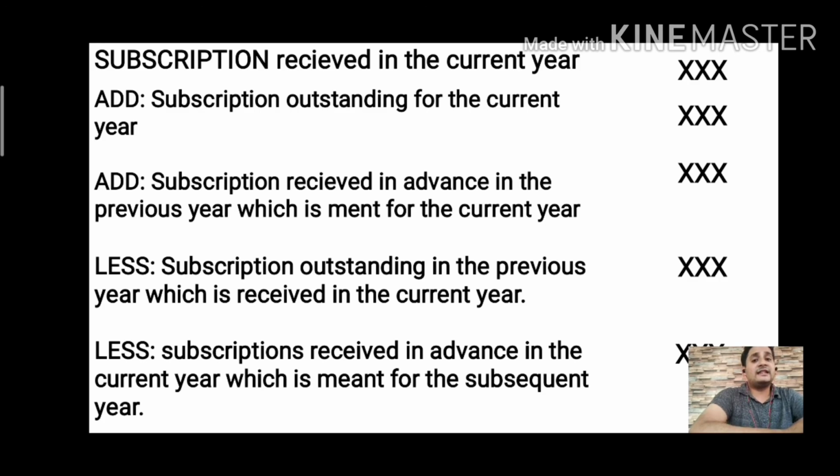Next, if the 2018 subscription, the previous year subscription, is received in 2019, that amount will be deducted. And if the 2020 subscription is received in 2019, then that amount is also deducted from the subscription received in the current year.